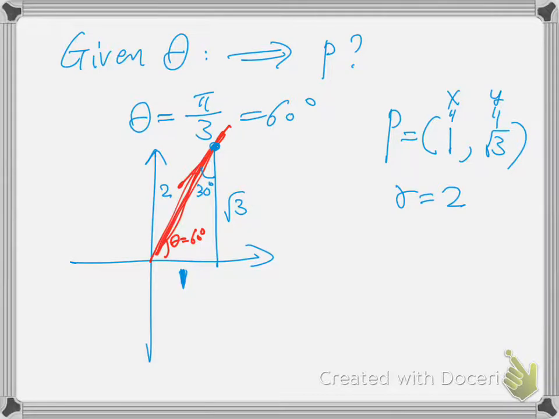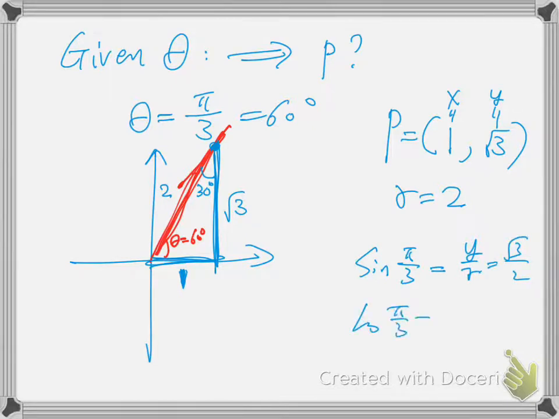So this point P has x equal to 1 and y equal to radical 3, and r is 2. Then sine of pi over 3 is y over r, so radical 3 over 2. Cosine of pi over 3 is x over r, so 1 over 2. Tangent of pi over 3 is y over x, so radical 3 over 1, which is radical 3. That's the easiest case.